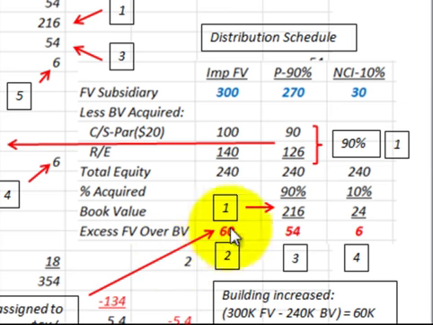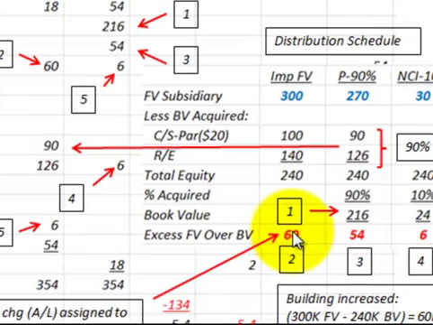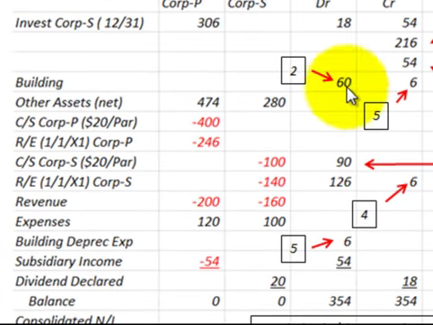Okay, next we have to distribute this excess investment. So for simplicity purposes, the $60,000 total amount was just assigned to a building that increased in value by $60,000 for the year, and we're depreciating that at $6,000 per year. So first, the $60,000 would go to the building.